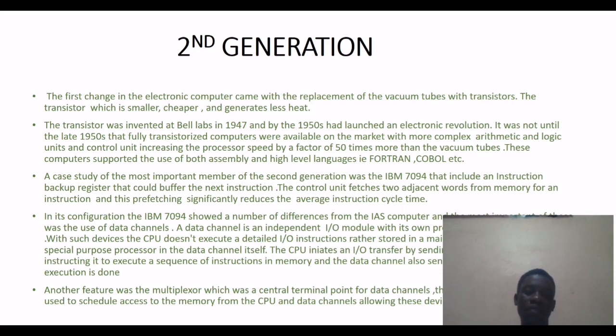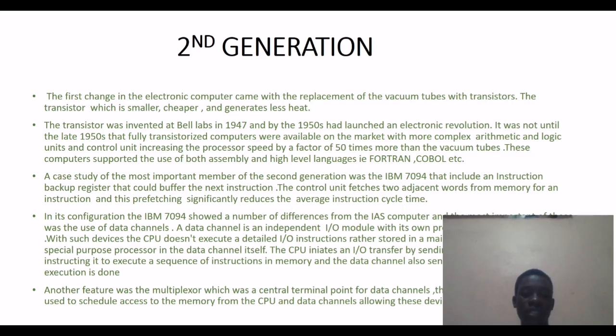The configuration of the IBM 7094 showed a number of differences from the IAS computer. The most important of these was the use of data channels. A data channel is an independent input-output module which has its own processor and instruction set.